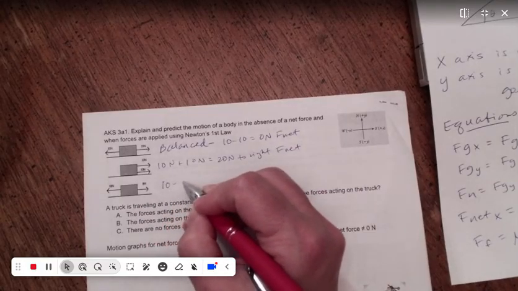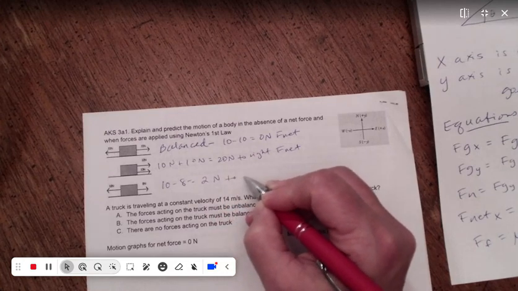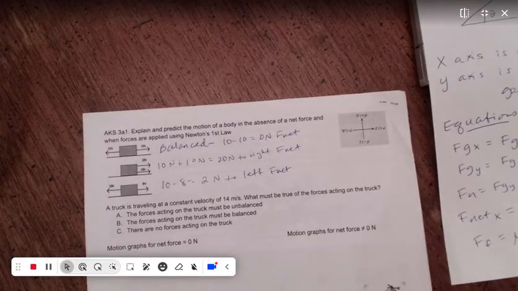So I'm going to have 10 minus 8 gives me 2 newtons to the left of net force. I'm just using vector math on those to come up with values for the net force. Net force meaning the vector sum of my forces acting on my object.